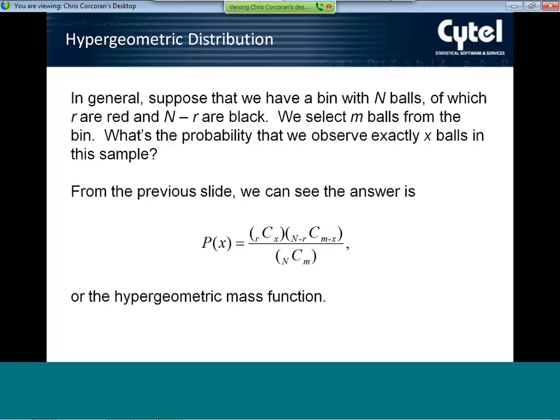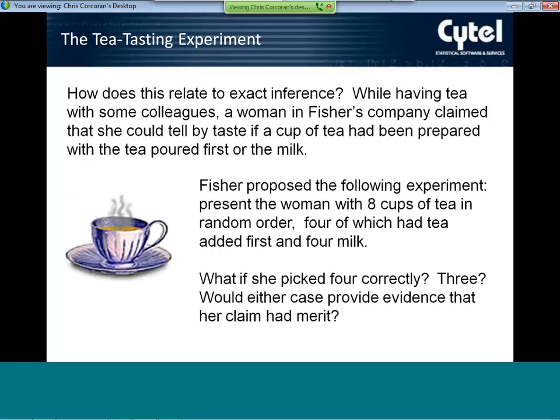Well, what does this have to do with exact tests and what we're talking about today? Well, the famous story that gave rise to Fisher's exact test is that Fisher had a colleague who claimed that she could tell, when she tasted a cup of tea, whether the tea had been added to the cup first or the milk had been added first when the tea was prepared.